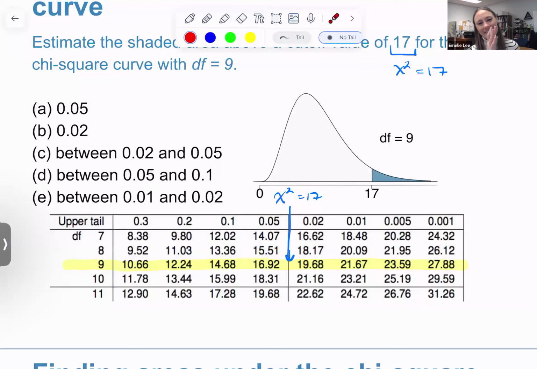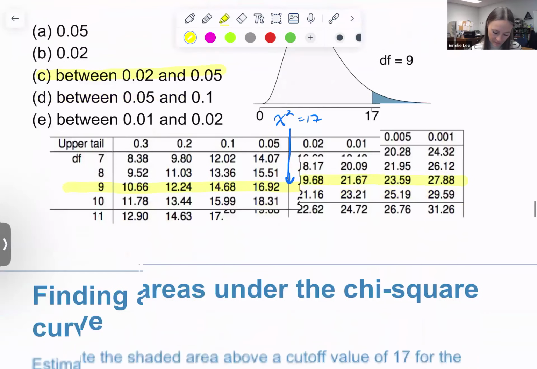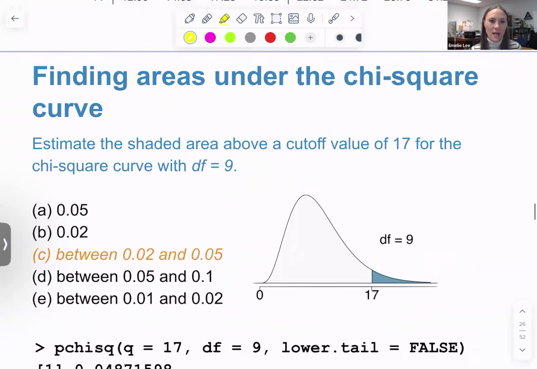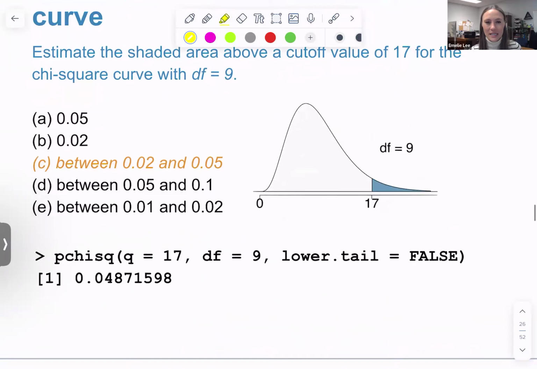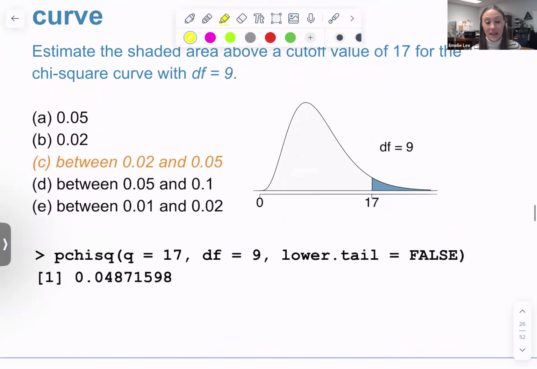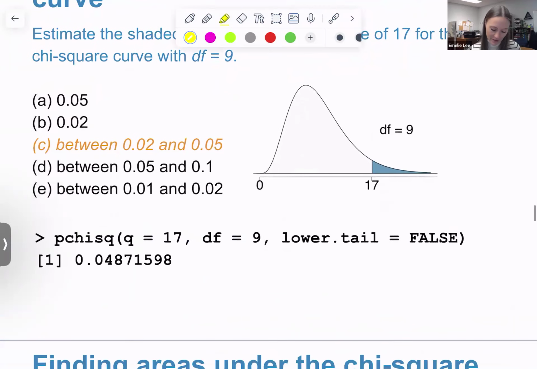Where the area in the tail is getting smaller and smaller as I move further out into the tail. And so it's somewhere between 0.02 and 0.05. Okay. In a way, I find that the chi-squared table is a lot easier to deal with than the other probabilities. And I don't know why, I can't explain it.